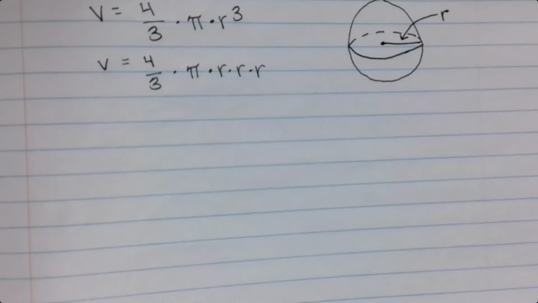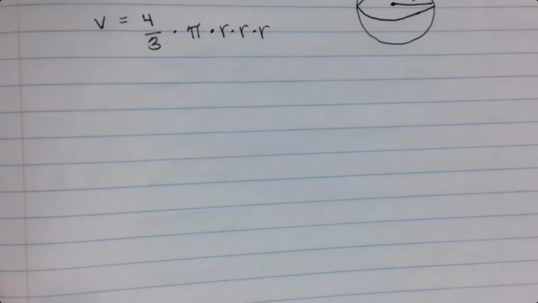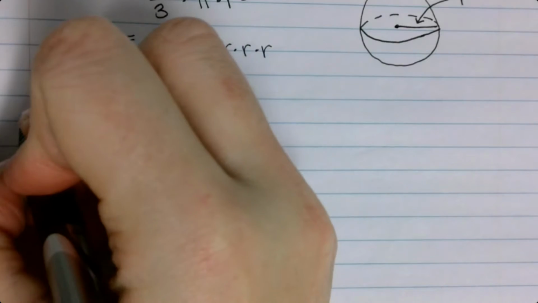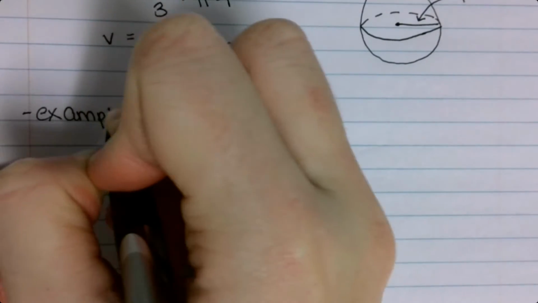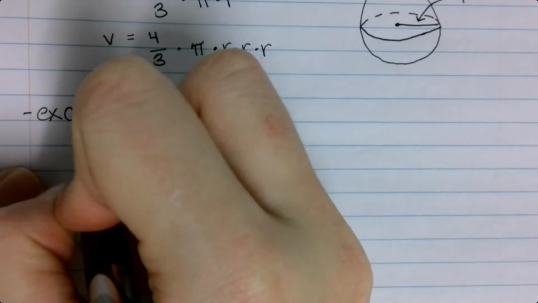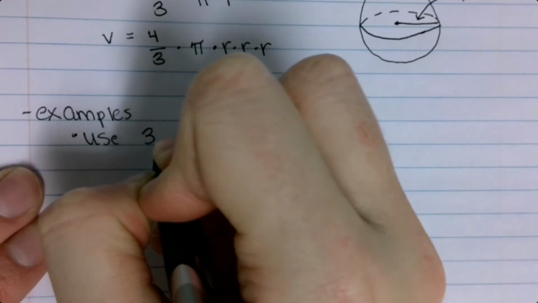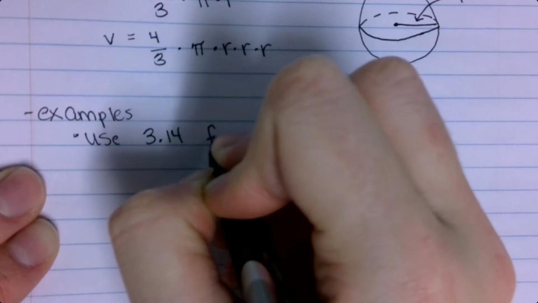Right, so now let's use that formula. And these are going to be our examples. Remember, we are going to use 3.14 for pi.